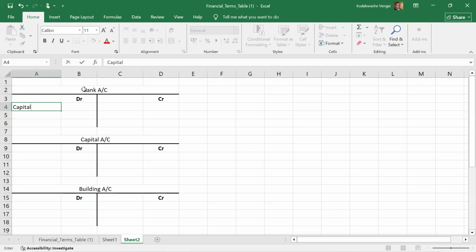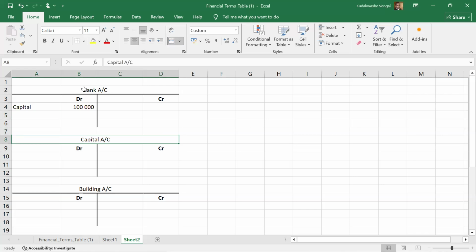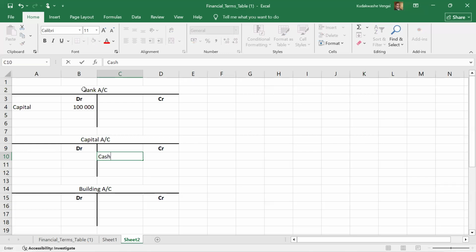That is the capital that has been contributed by the owner of the business, and you're going to record it as 100,000 like this. But because of double entry in accounting, you can't record it on one side. You have to record it elsewhere. So I'm going to go to the bank account and say I got cash, money that I put in the bank, 100,000.